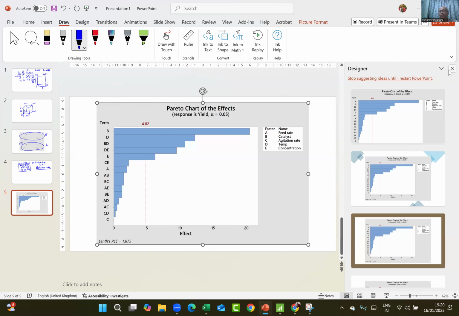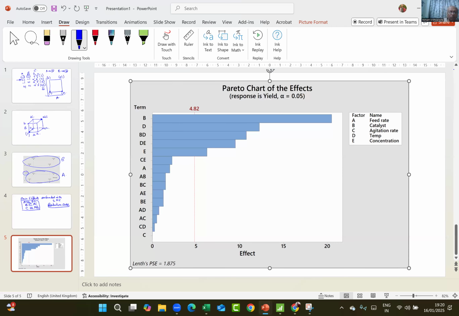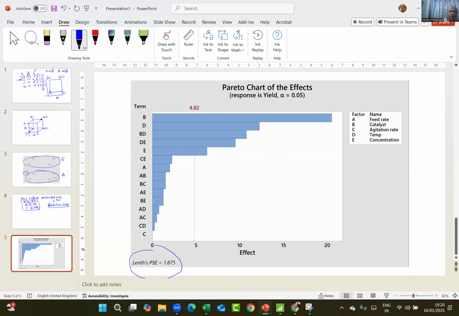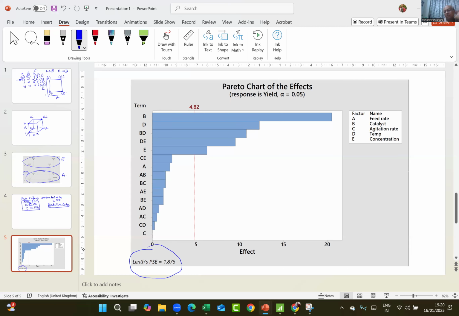Look at this Lenth's PSE. So this is not a standard error. If you look at the degrees of freedom, the total number of runs is 16, so the available degrees of freedom is 15. And effects, how many? You have 1, 2, 3, 4, 5, 6, 7, 8, 9, 10, 11, 12, 13, 14, 15. So you got 15 effects and 15 degrees of freedom.